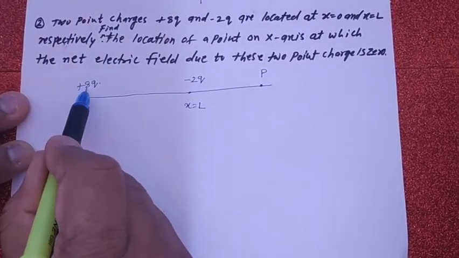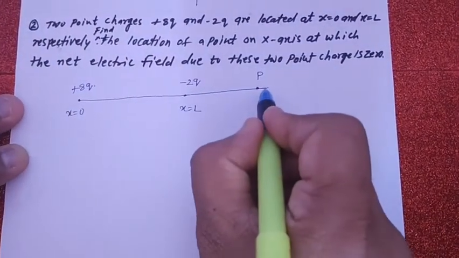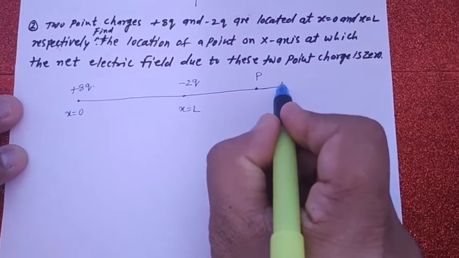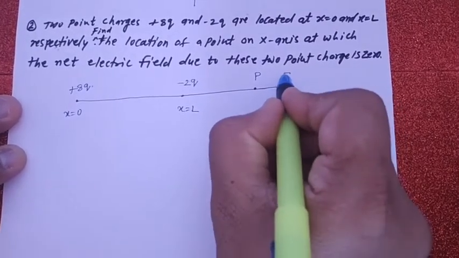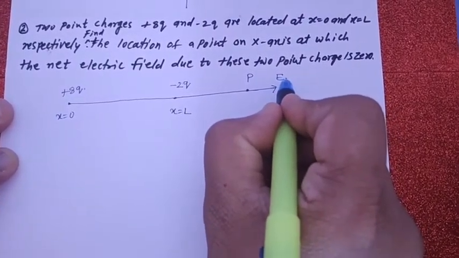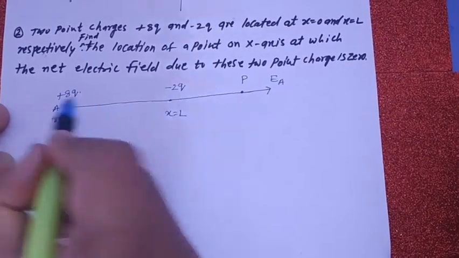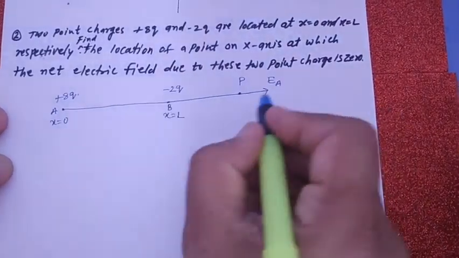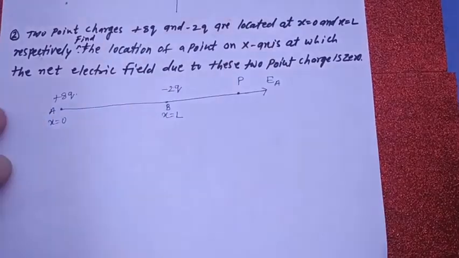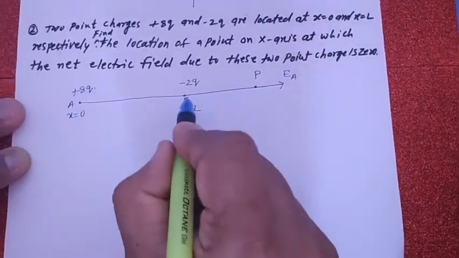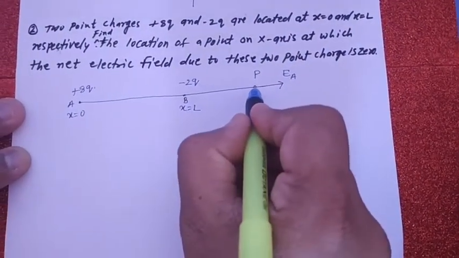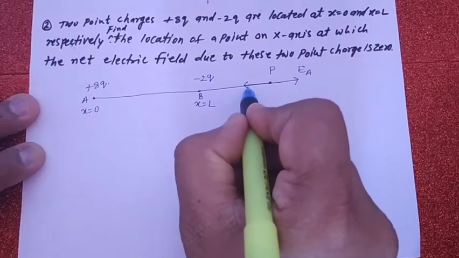Due to this plus 8q charge, the electric field is EA. So this point is A, and this point is B. EA is in this direction. Next, the electric field due to this negative charge is in this direction.